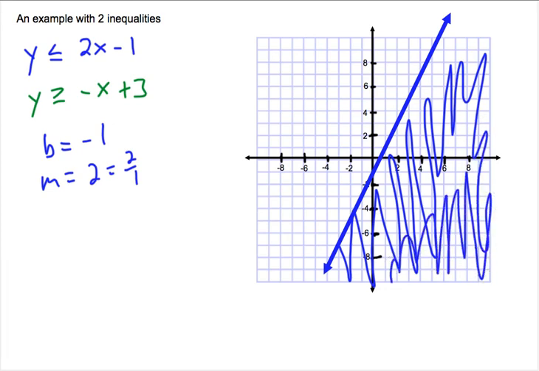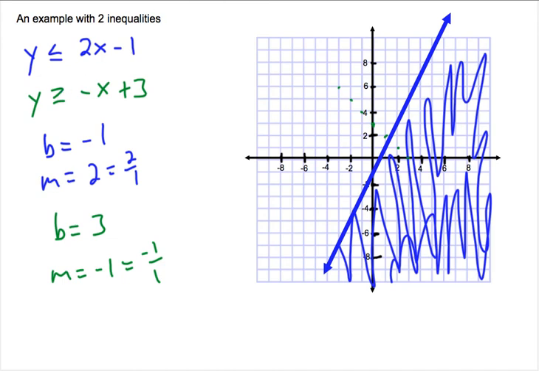Now we can move on to the green equation, and the intercept is 3. The slope is, there's no number there, so we know it's a 1, so -1. So it's going to start at 3, and then we go down right, down right, down right, or up left, up left, up left.